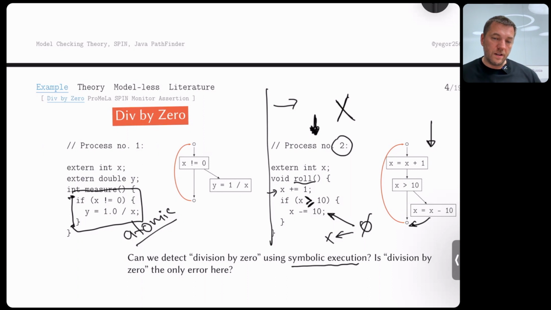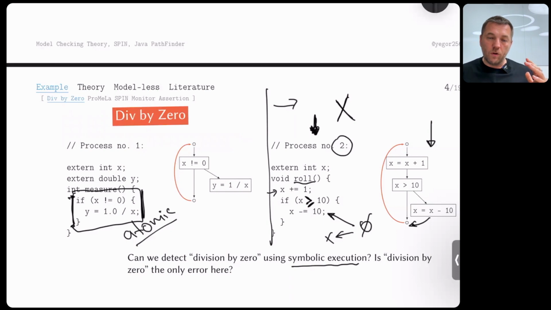And that's really ineffective. So it's better to design software so that it doesn't have these atomic blocks, or maybe such blocks exist in the software, but the amount of them or the size of them is as small as possible.